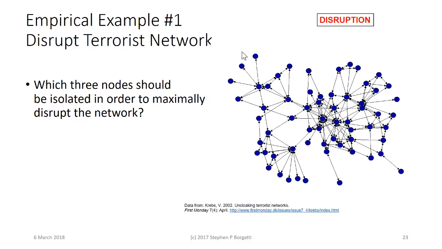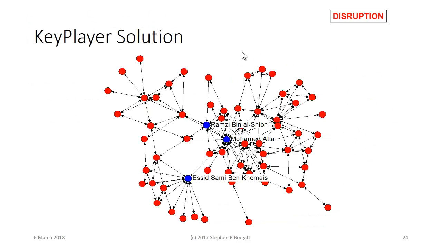And so this is a very old example. This is the 9/11 terrorist network. And so I asked the question, well, which 3 nodes should be isolated in order to maximally disrupt this? If you run this through key player, it says, well, it's these 3 here. And it gives a measure of fragmentation.